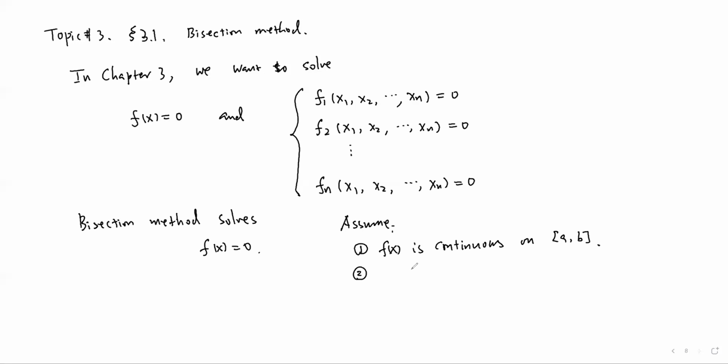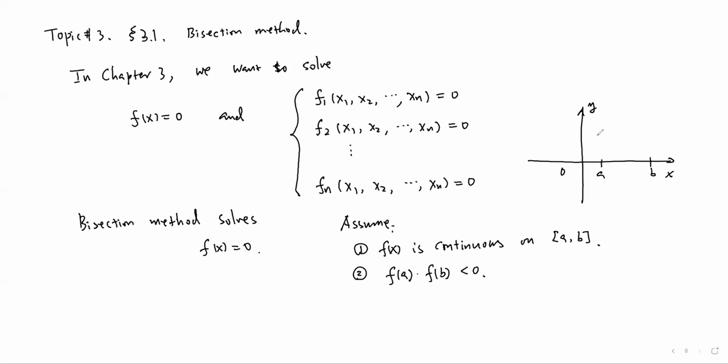Assume the function value at the left endpoint times the function value at the right endpoint is less than 0. That means the function values at the two endpoints have different signs. If you draw a diagram, A, B, the product of the function values at the two endpoints is less than 0.